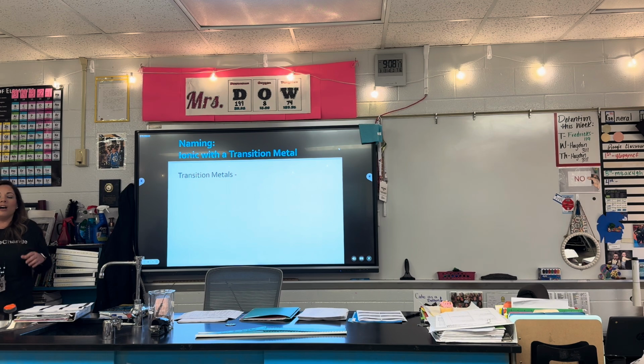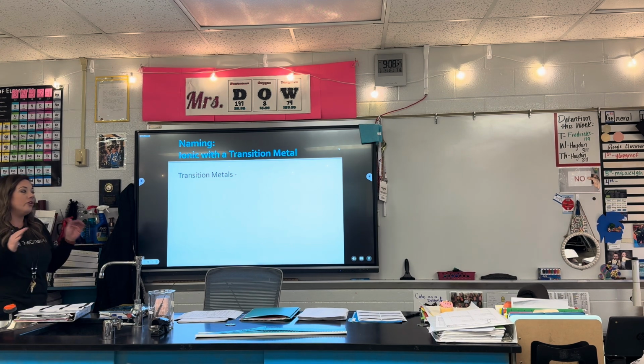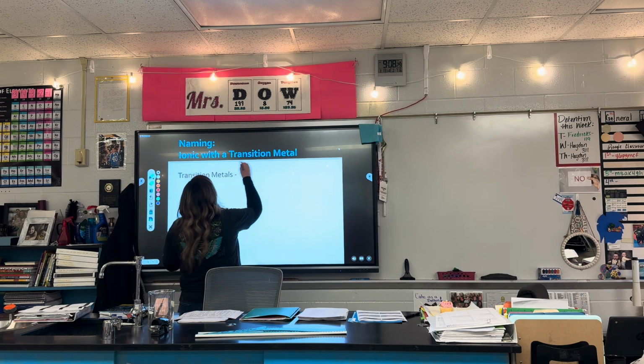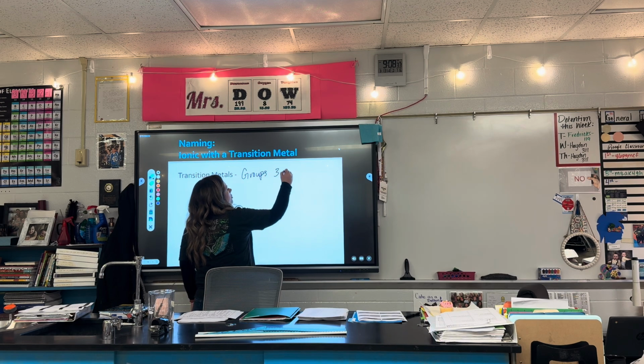Alright, ionic, now we're gonna add in the transition metals. Where are the transition metals located? The middle. What groups are the middle? 3 to 12. 3 through 12, okay? So we know that our transition metals are groups 3 through 12.